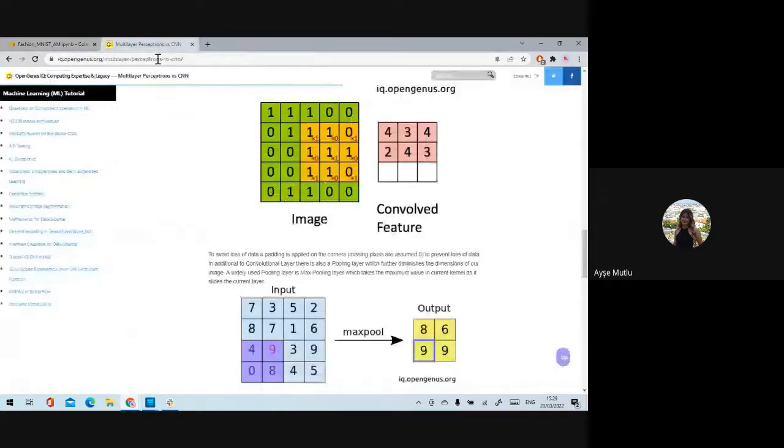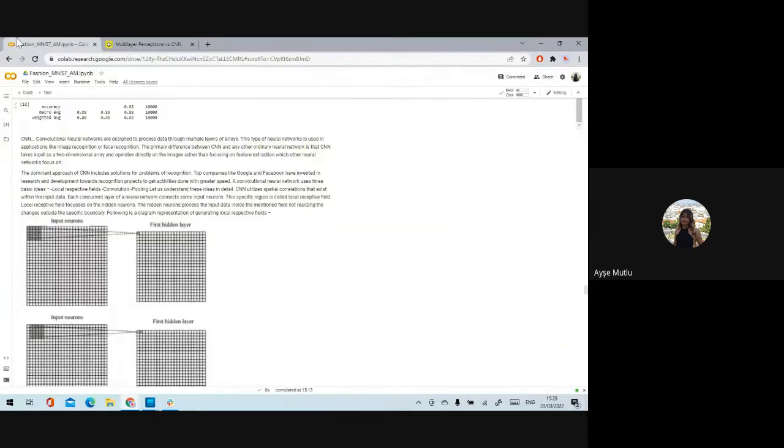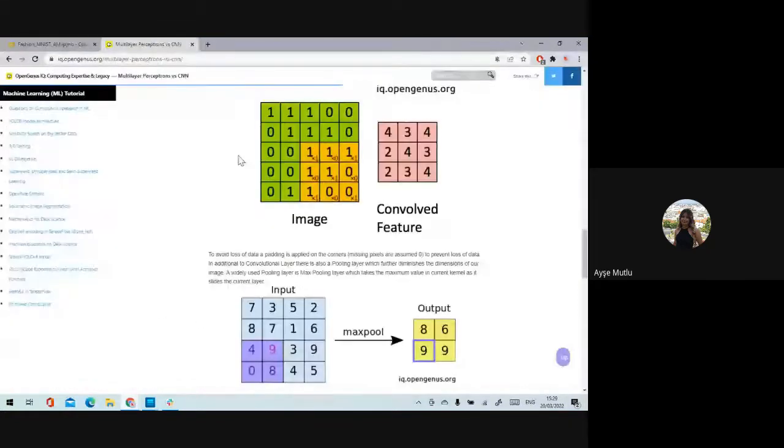I just want to show you this image here. An image is just a matrix of pixels, as you know. In the multi-layer perceptron, we were flattening the image, but in a CNN, instead of flattening the image, we use kernels or filters to read the patterns in the image, and in the end we have the convolved features.